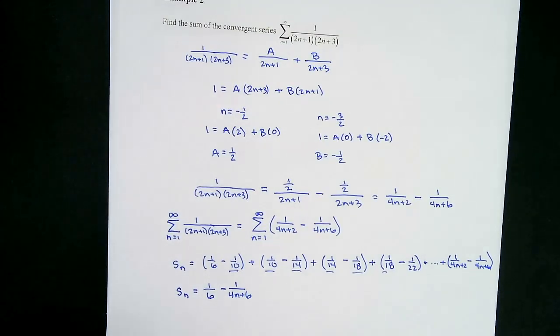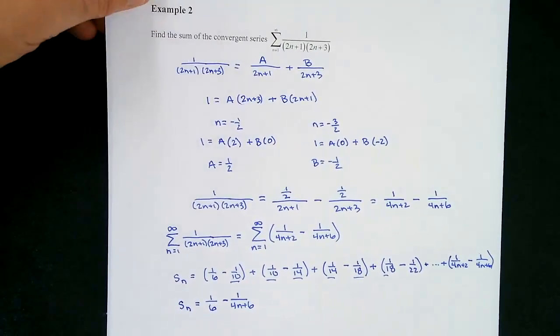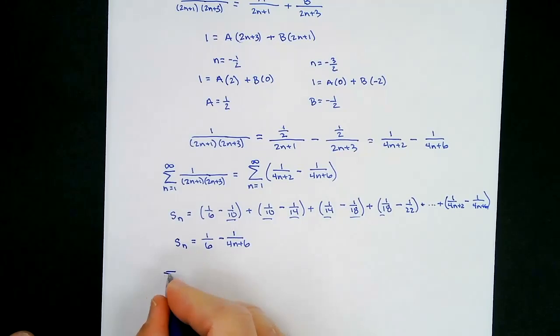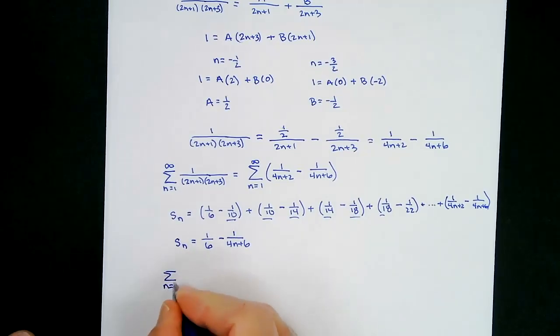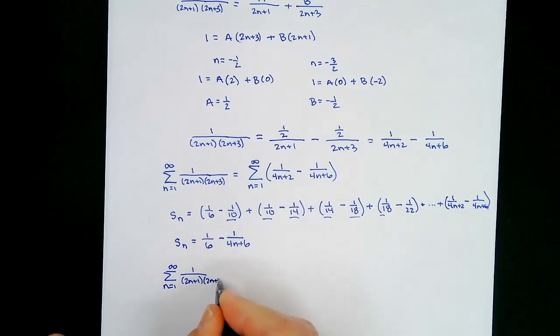If we let n go to infinity, then that's going to allow us to figure out what the actual sum is, if it even exists. Okay, so let me slide my paper up a little bit. So we're going to write sigma n equals 1 to infinity of 1 over (2n plus 1) times (2n plus 3). We're just writing the series again.